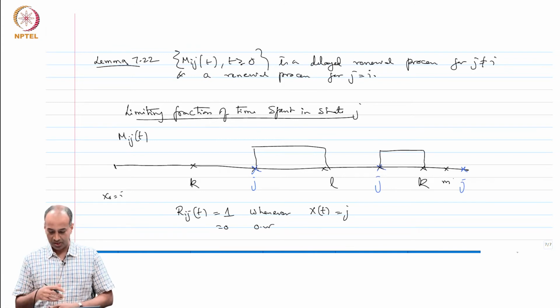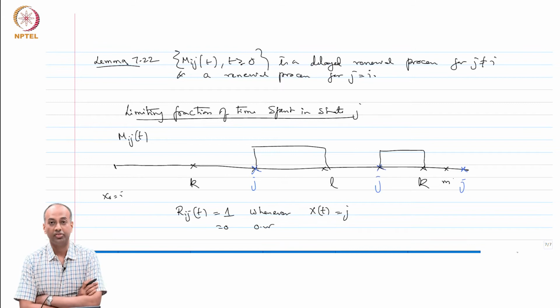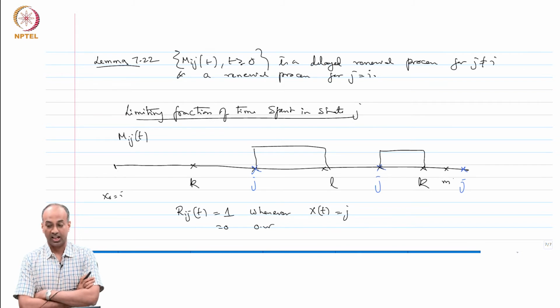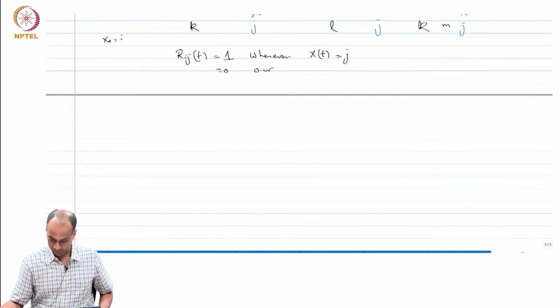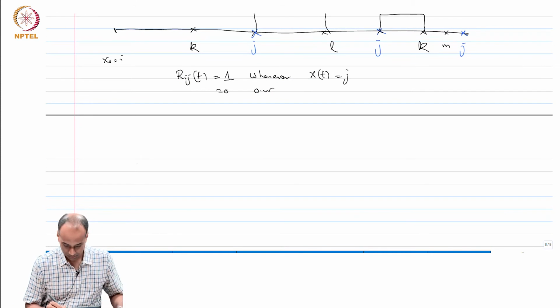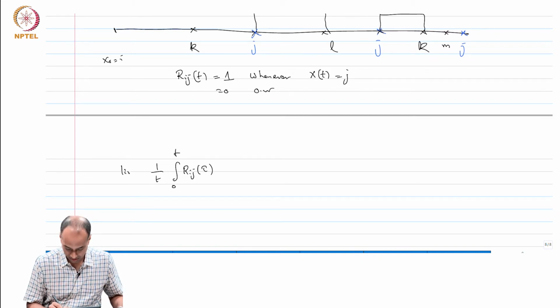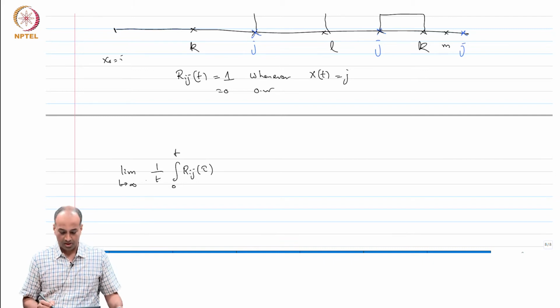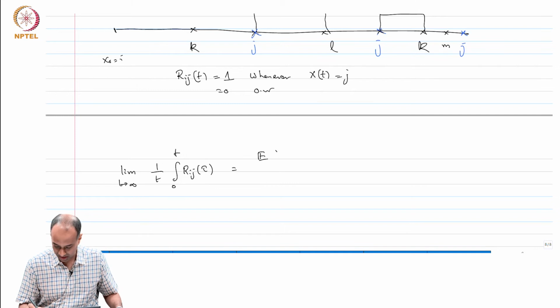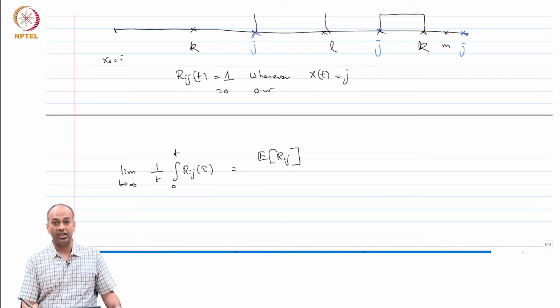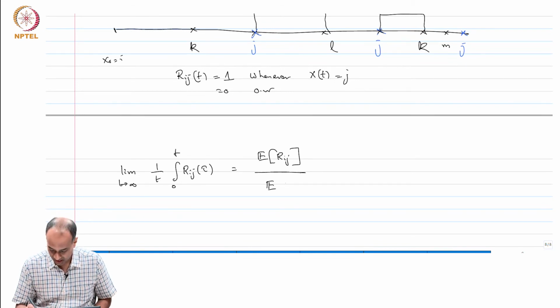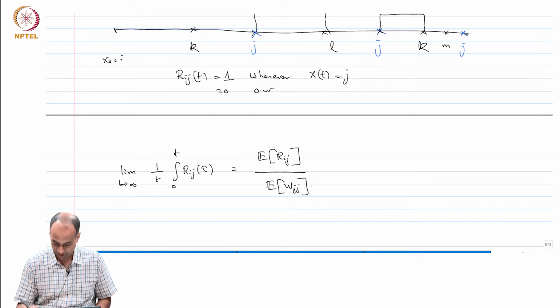Now I can say that the time average fraction of time spent in state j is simply the time average reward of this Rij of t. I know this limit, as t tends to infinity, of the time average of Rij of t, to be the expected Rij, which is the expected reward in one renewal interval, divided by the width of the renewal interval.